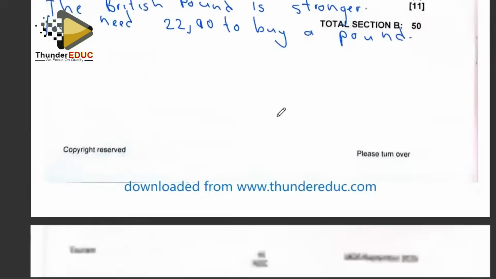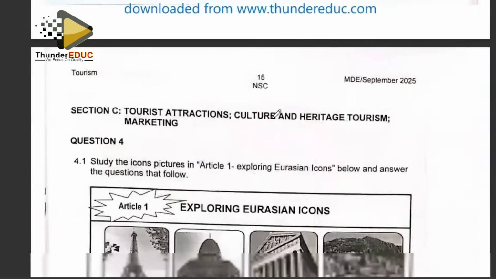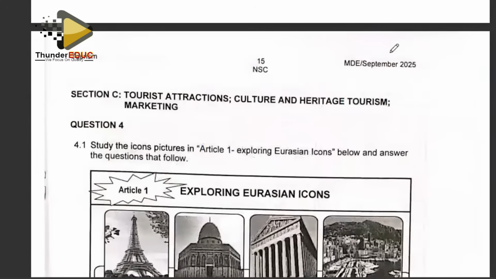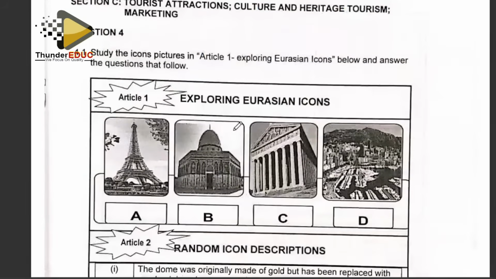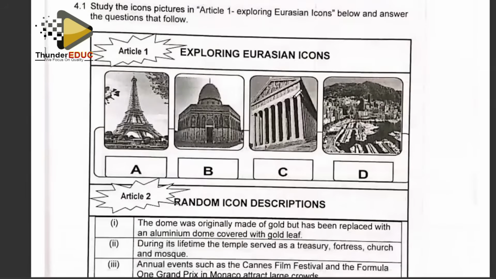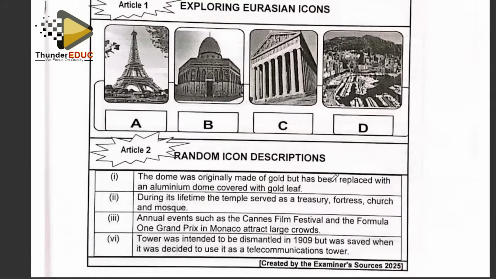Now, moving on straight to the next question. Study the icons in pictures in Article A, exploring Eurasian icons below, and answer the questions that follow. So we have Article R1, exploring Eurasian icons. So random icon descriptions. So the dome was originally made of gold, but it was replaced with an aluminum dome covered with gold leaf.